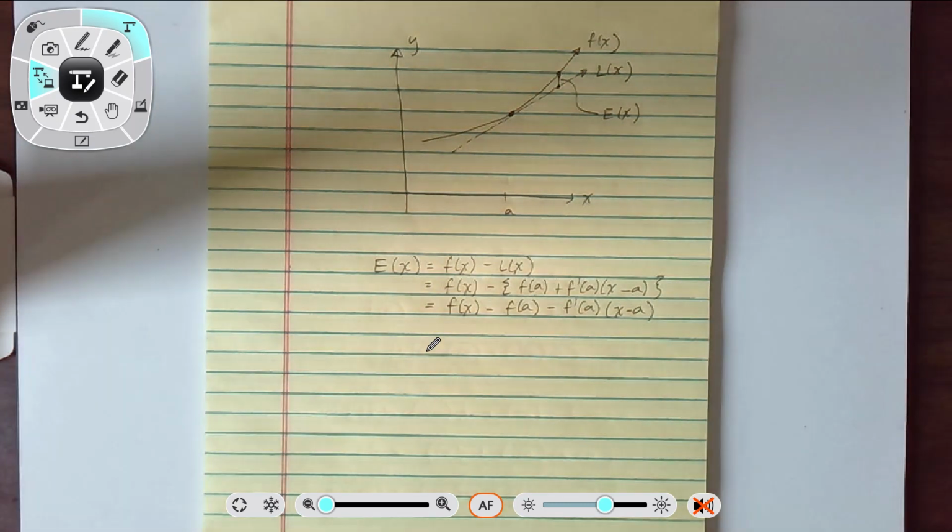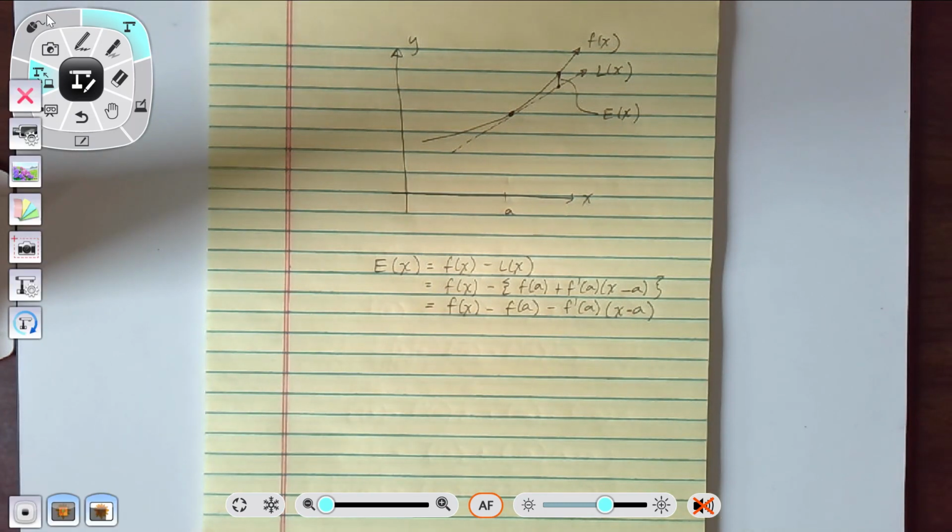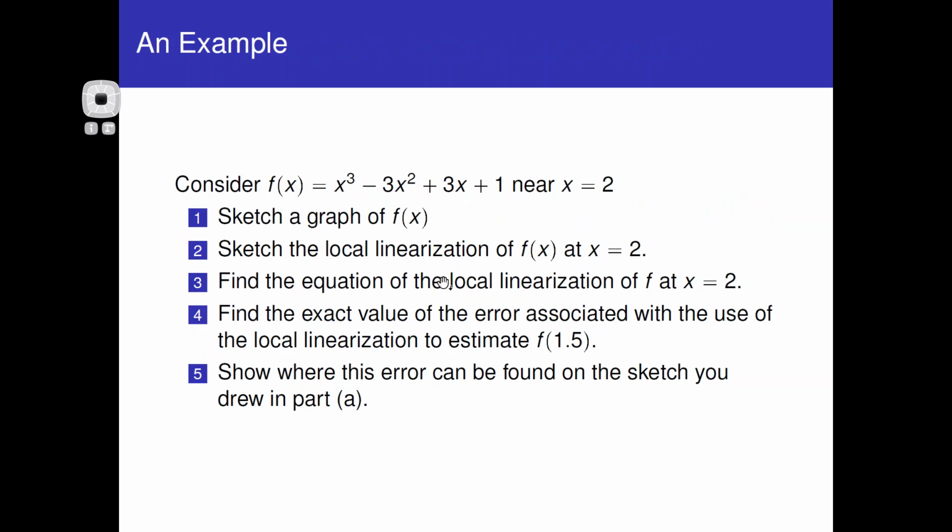Okay, so let's move on and talk a little bit about an actual example. I want to spend some time on this example, and I think it pretty much covers the bases on this chapter. It says, consider the function f of x equals x to the third minus 3x squared plus 3x plus 1 near x equals 2.